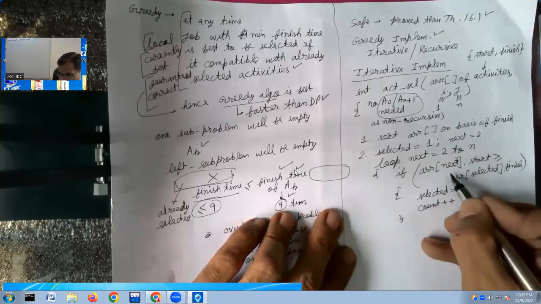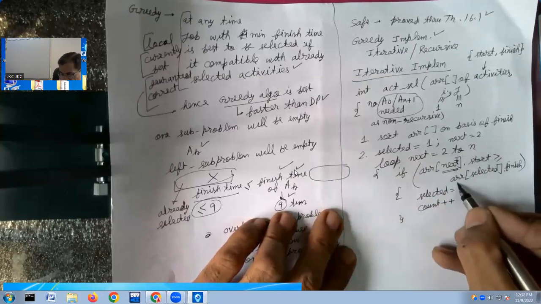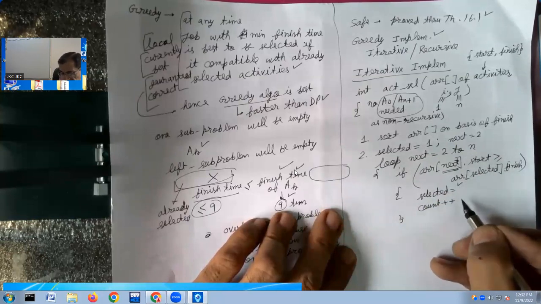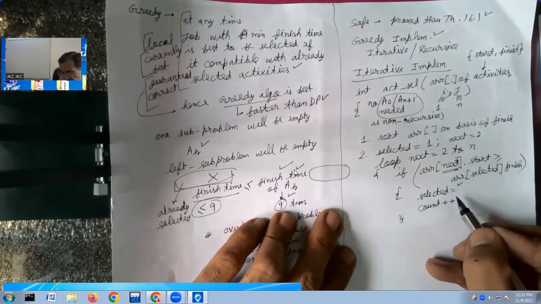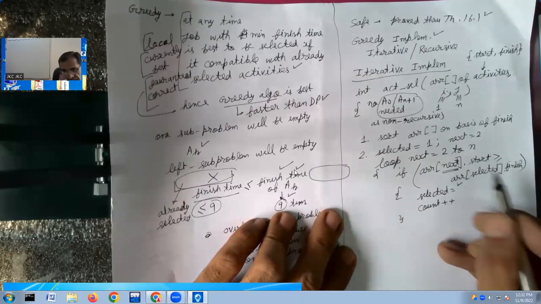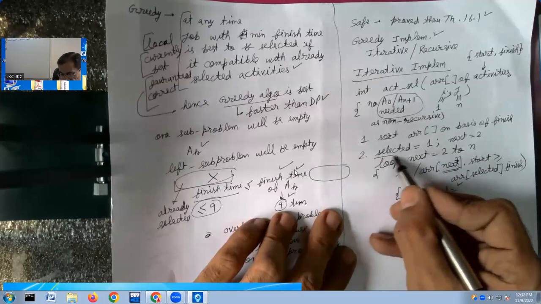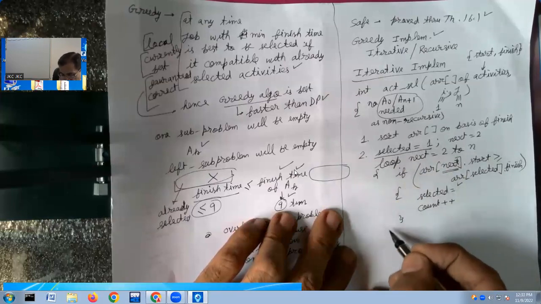Accordingly, if the next variable is selectable, the selected variable will change, and the next comparison will be for the last selected activity. If the activity was not compatible, it will be rejected, and the initial selected will continue, and effectively I can go like this, and finally I will be returning the count.